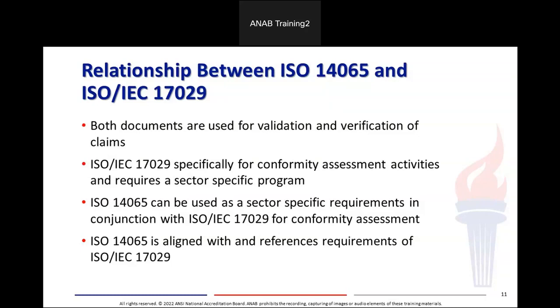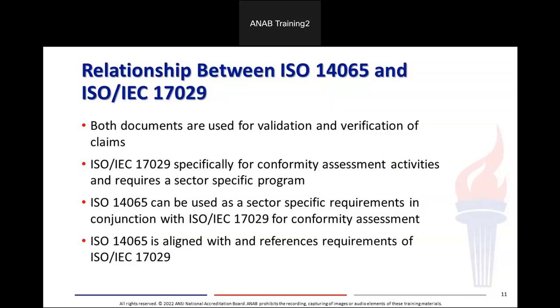But 14065 can also be used by itself, and it really is aligned with and references requirements in 17029. So while there are some differences in the scope, there are a lot of similarities in the requirements, as we will see in a few minutes.